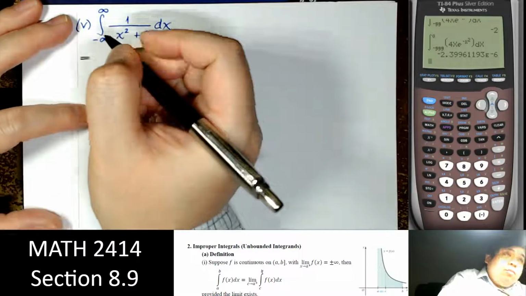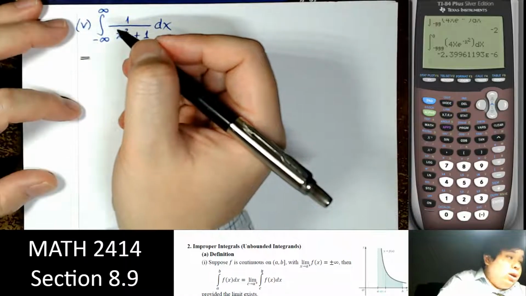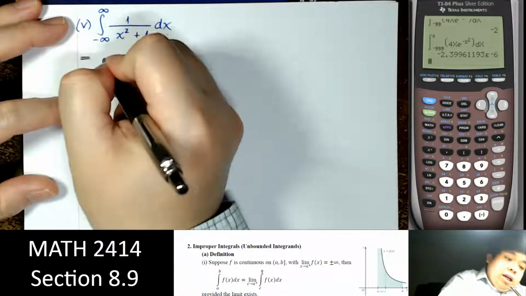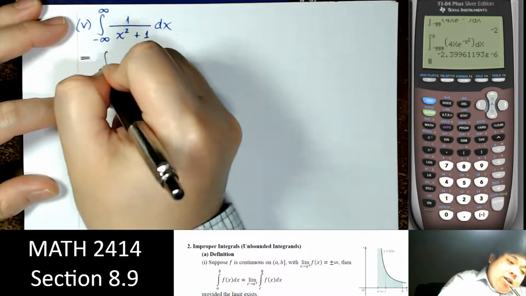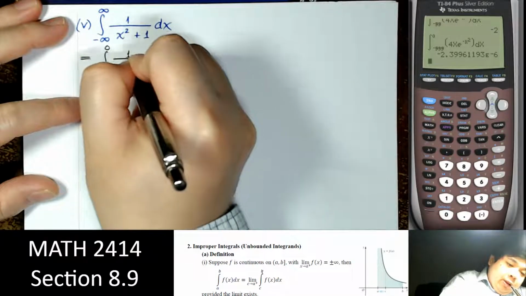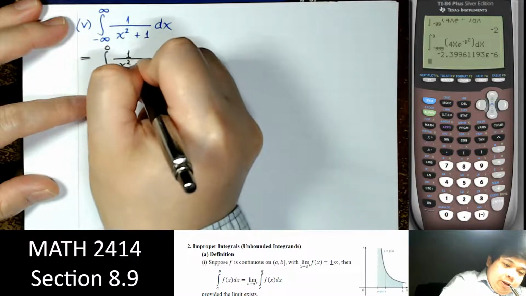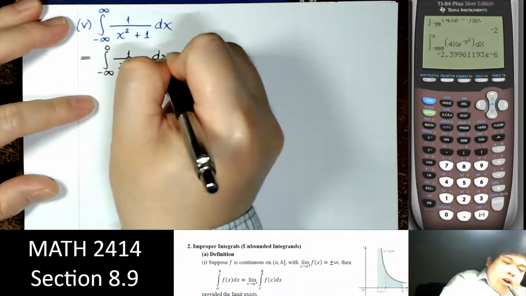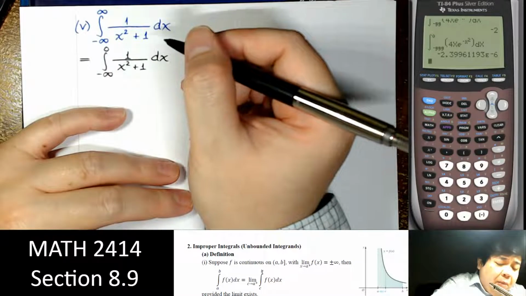So when we do this, the first thing we do is, if both limits are infinity, we have to split. How about we split from negative infinity to 0? We can split it anywhere in the middle, but I choose 0.